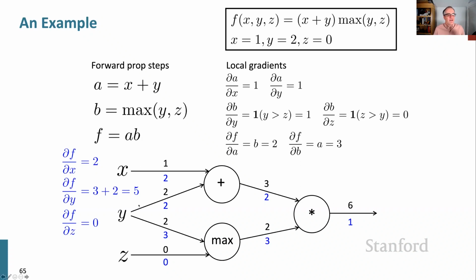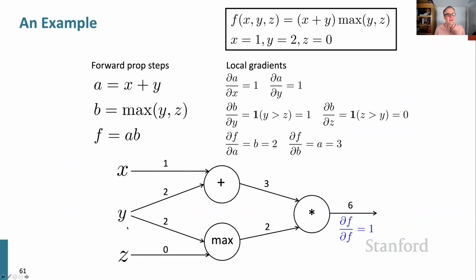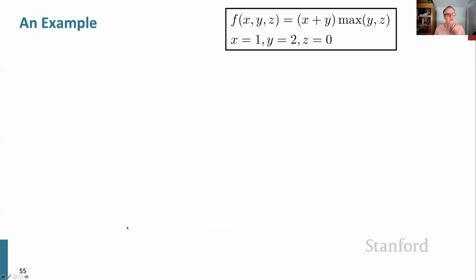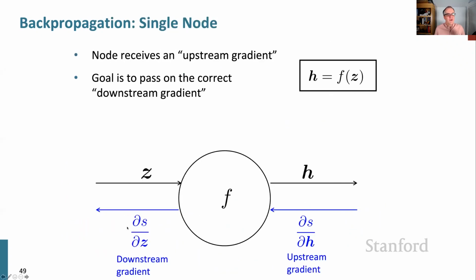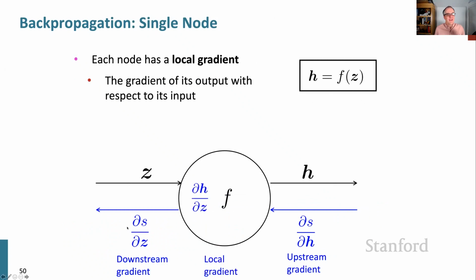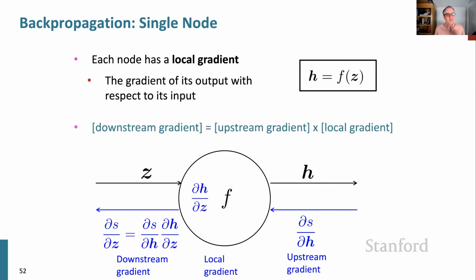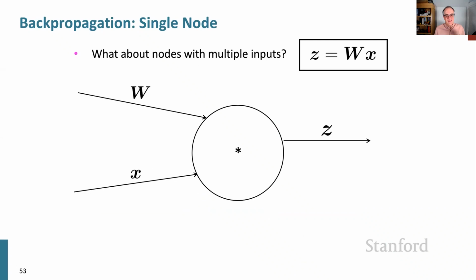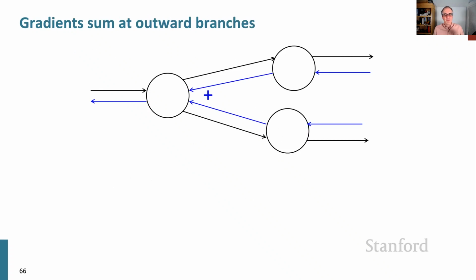Before, I did the case when we had one in and one out, and multiple ins and one out. The case that I hadn't actually dealt with is when you have multiple outward branches, but that then turned up in the computation of y.